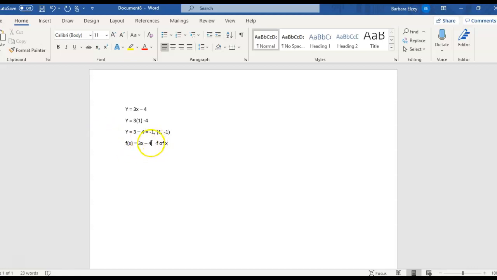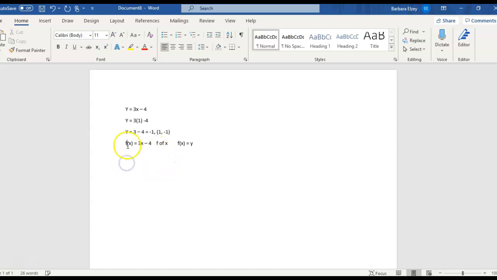All right, so this actually means the same thing as this equation y equals 3x minus 4. So remember that and keep that in your mind for the rest of the semester, that f of x is really the same thing as y. It is equal to y. All right, so it's just a notational change. It's not a real change in meaning.